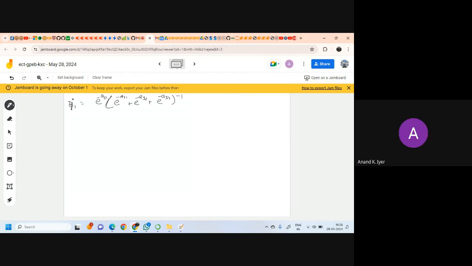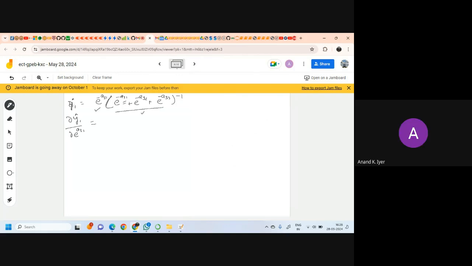Now, this is a function of a31 and this entire term is also a function of a31.